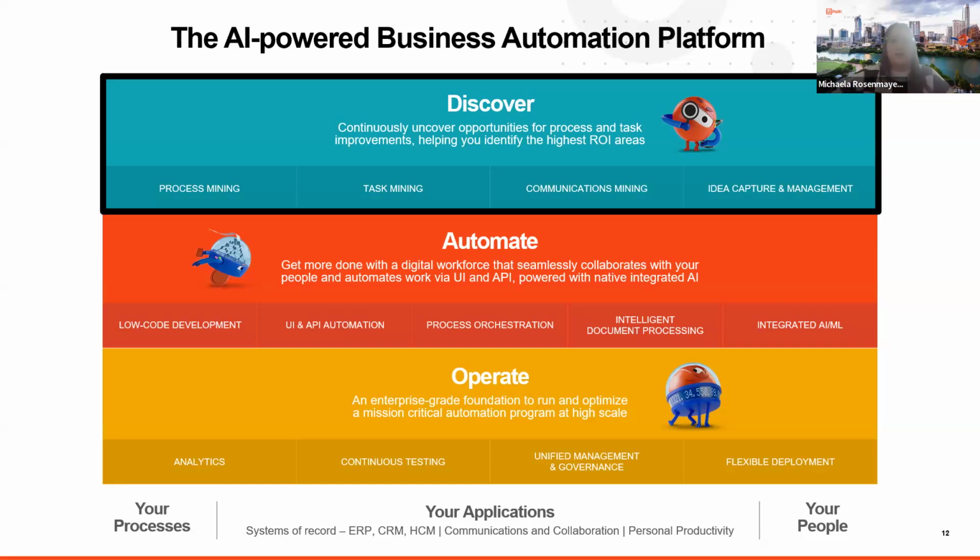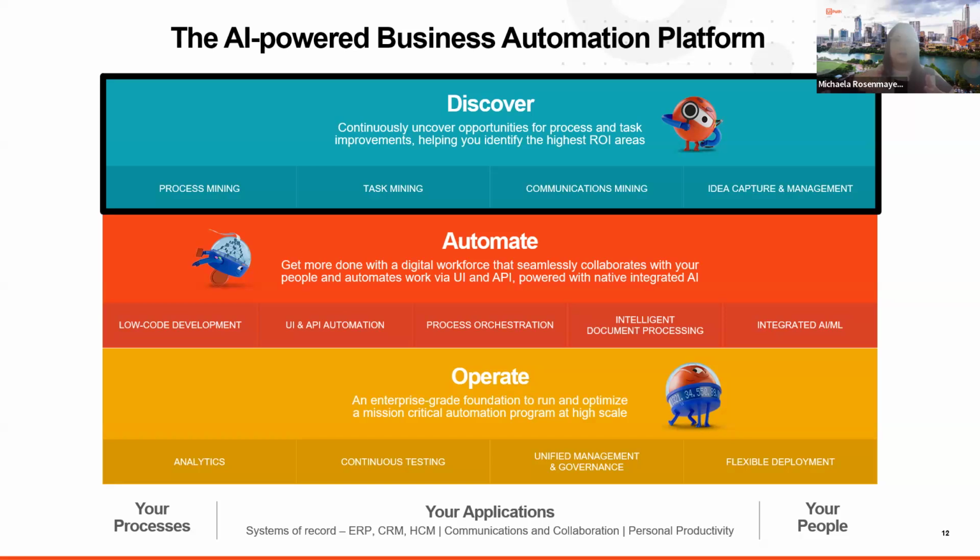efficiency. We then have our task mining product, which is similar. So it helps companies analyze employees' desktop activities to determine the best automations and process improvement opportunities. So with task mining, you can capture the variations of a known task. So let's say you have 10 people doing the same job.